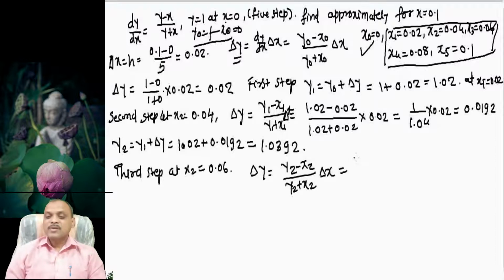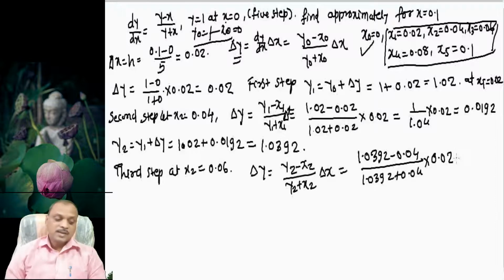We have calculated y2 as 1.0392, and x2 is 0.04, so (1.0392 - 0.04)/(1.0392 + 0.04) into 0.02, and this value is 0.0185.